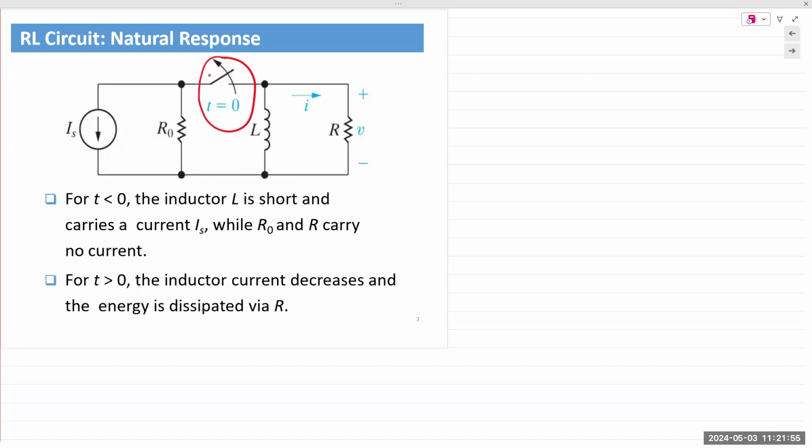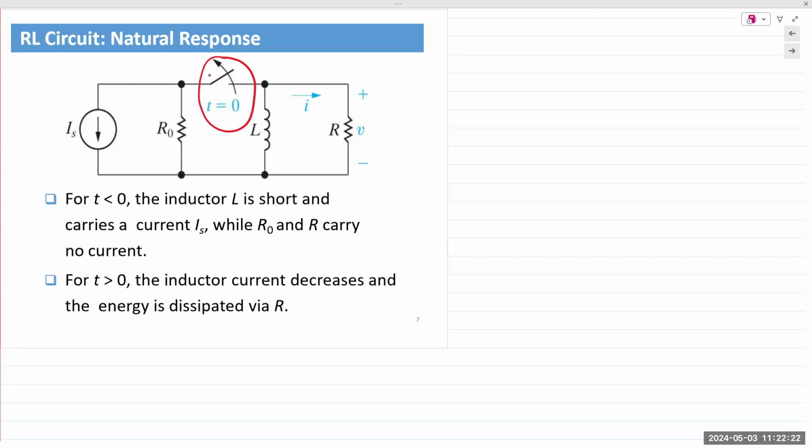This is a natural response analysis, meaning there is no source connected in the circuit. So anytime you see a switch in the circuit, there will always be a time given right next to it. In this case, it says time t equal to 0. It simply means a random point in time at which you're going to begin analyzing your circuit.